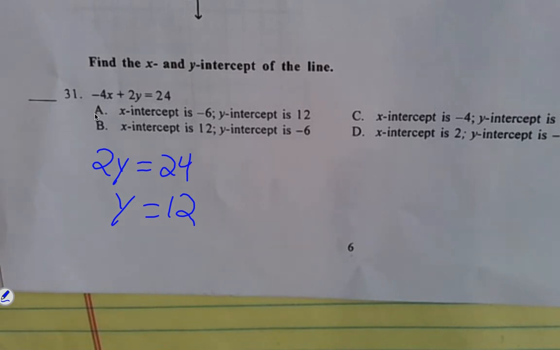Now, if I'm trying to find the x, what do I cover up first? The y. So it says -4x equals 24. You would divide by -4, and x is -6. So which answer is that? A. That's answer A.